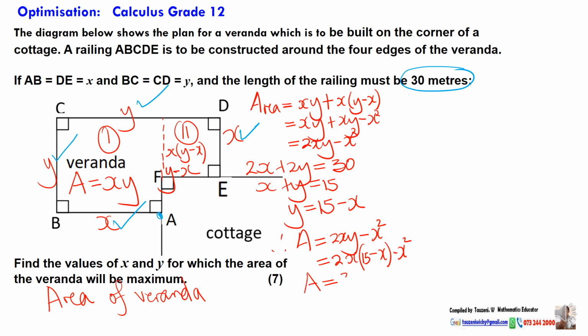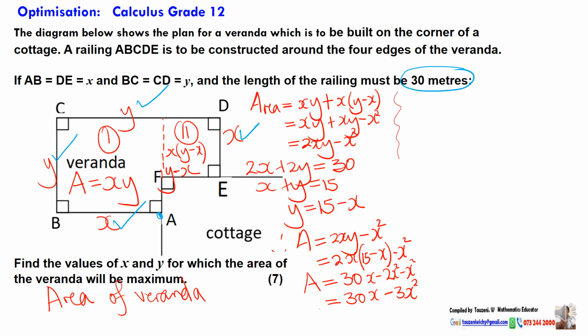The area is equal to 30x minus 2x squared, and then minus x squared. Finally, our area is equal to 30x minus 3x squared. This is the area. So what are we doing here?